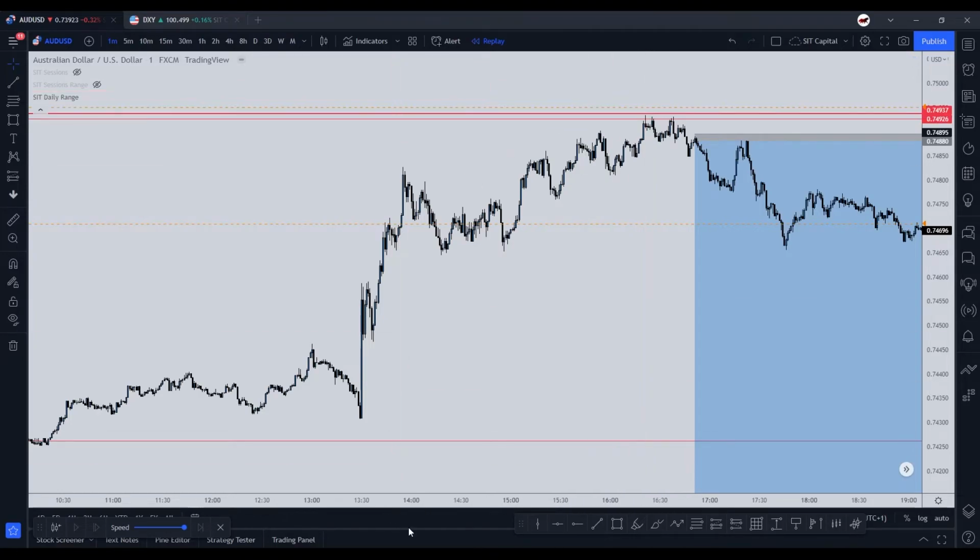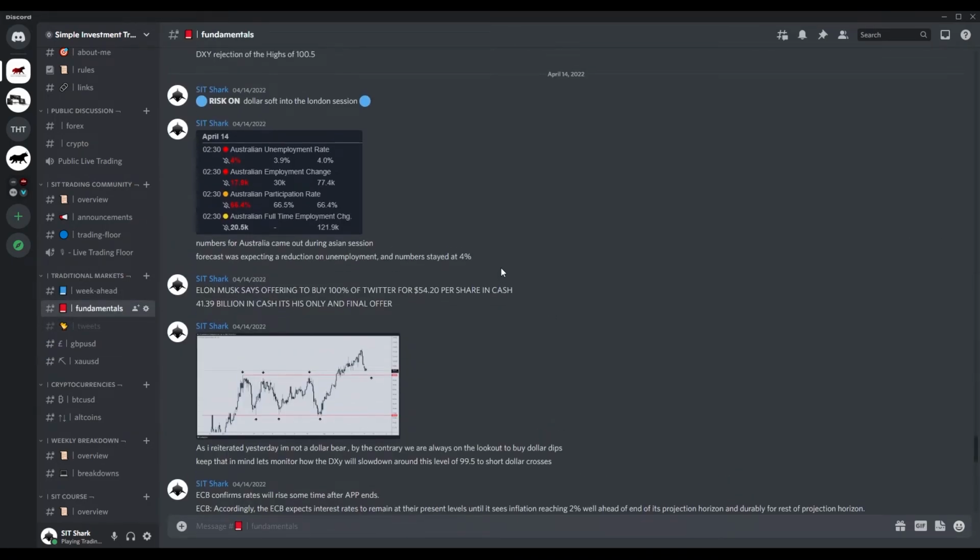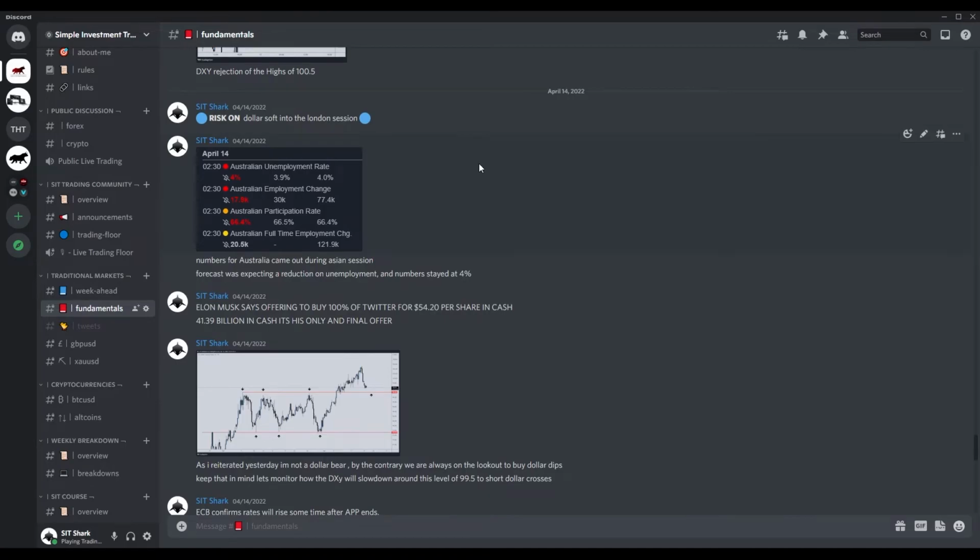And as well, we saw here on the fundamental tab that we were also expecting on Thursday that the Australian unemployment rate would rise, okay, or at least stay the same.